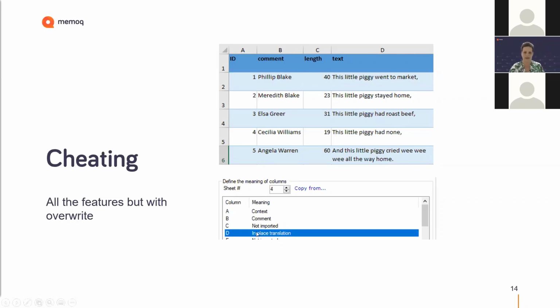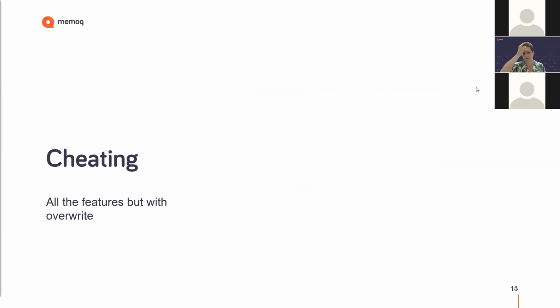And in this case, we don't change anything. So we leave everything as it used to be in the first 3 columns. And what we do is we use in-place translation, which pretty much means that when the translation is done, it will go to column D, just as with the regular Excel filter.